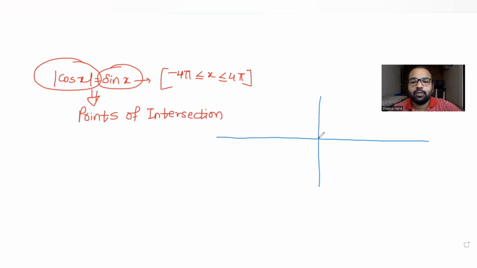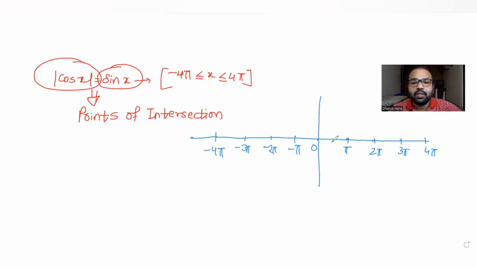So this is, let's say, 0, this is pi, 2 pi, 3 pi, 4 pi. Again on the left I have minus pi, minus 2 pi, minus 3 pi, and minus 4 pi. We know sine 0 is 0, or sine of any integral multiple of pi is always 0. So all of these points will have 0 as the value.